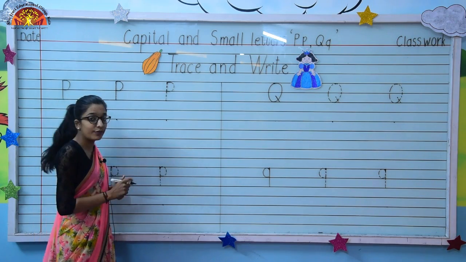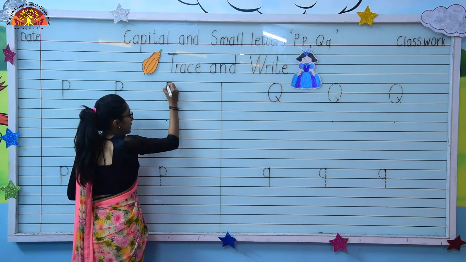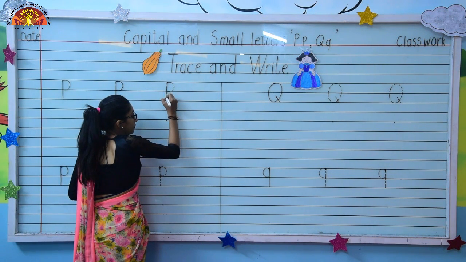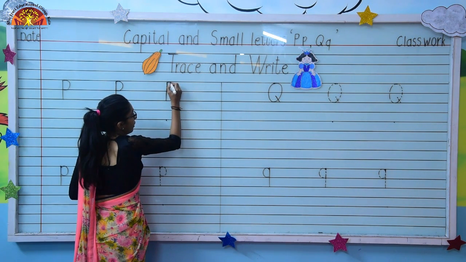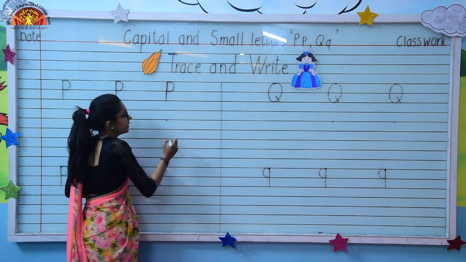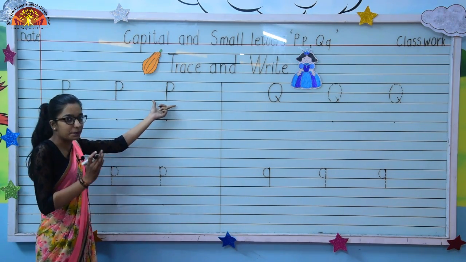Let's do tracing one more time. Standing line. Draw the standing line properly, then small curve in between these two lines only. Okay kids, this is capital letter P.